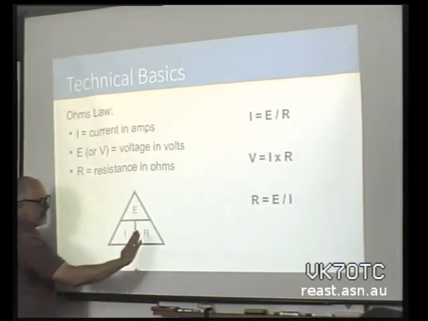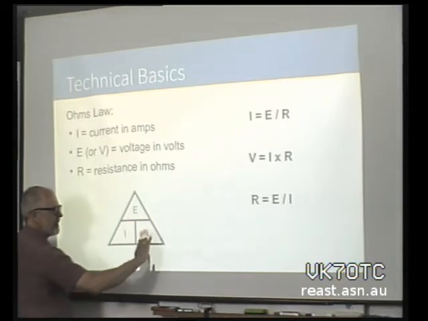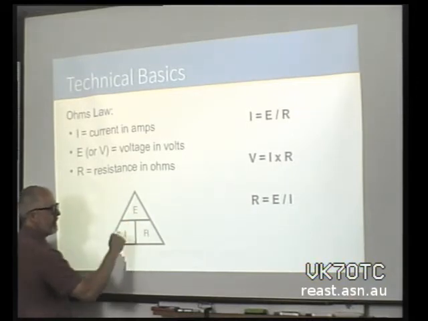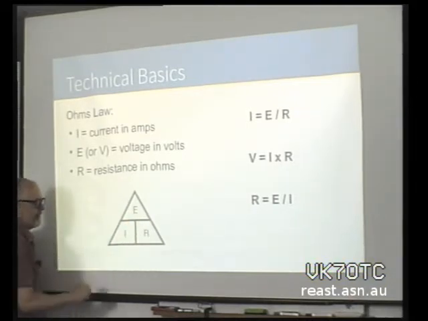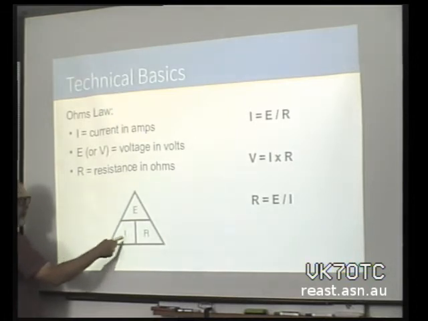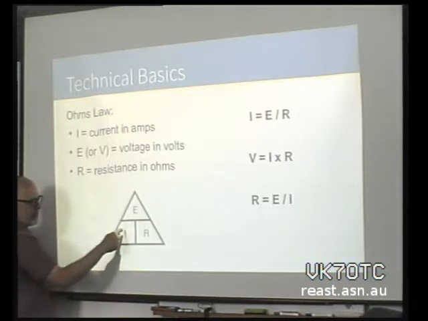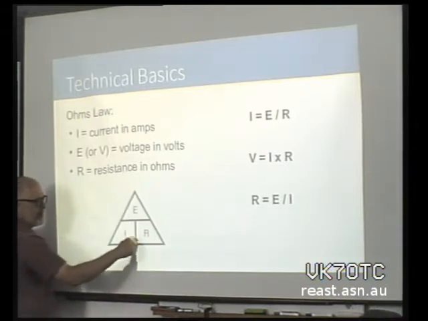Same with if you're given voltage and current and you need to know the resistance: it's the voltage divided by the current. Now, if you're given the current and the resistance and you need to know the voltage, what it's telling you on the triangle is the current multiplied by the resistance.